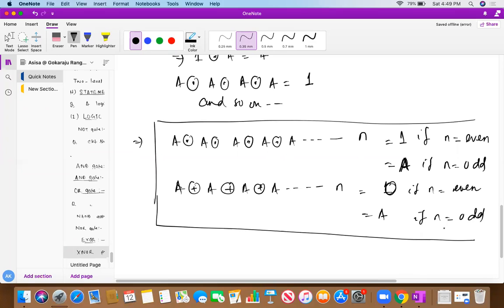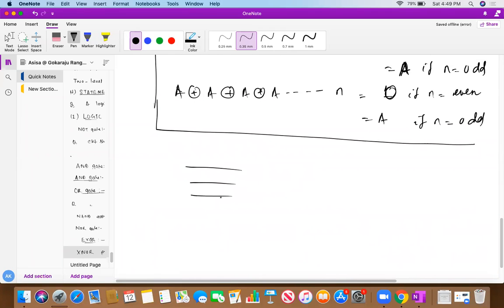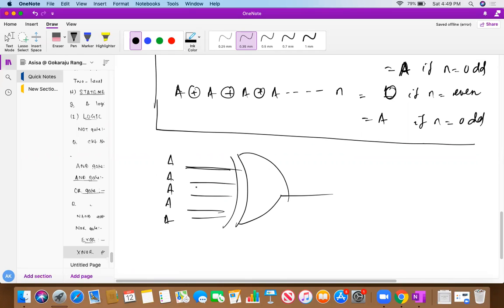Please remember this. Some questions in competitive exams will come like this, where many inputs will be given to one XOR, and let's say each is A. You need to count how many inputs there are: 1 2 3 4 5.